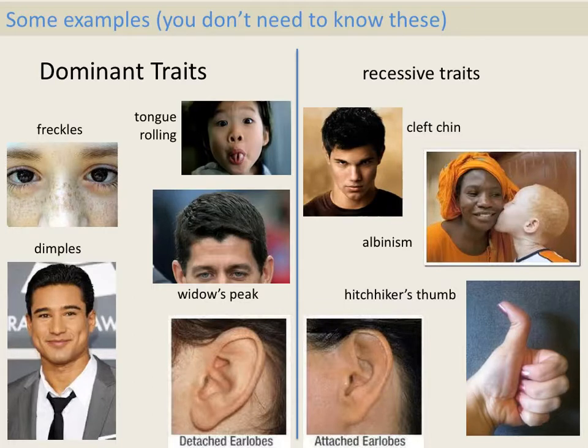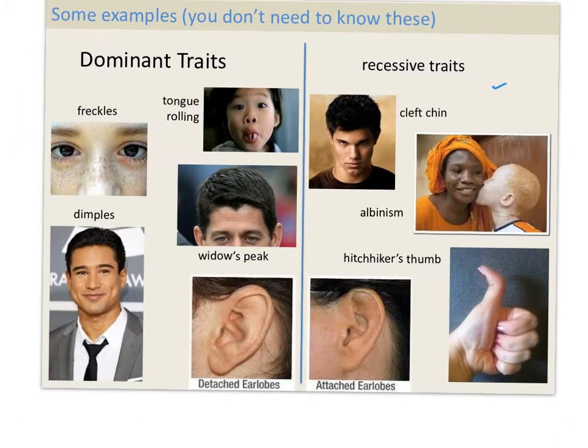You don't need two copies. If you have two copies, you will do it too, right? This right here, this is an earlobe, right? Well, my earlobe is detached, kind of like my personality. And so it's dominant as well.